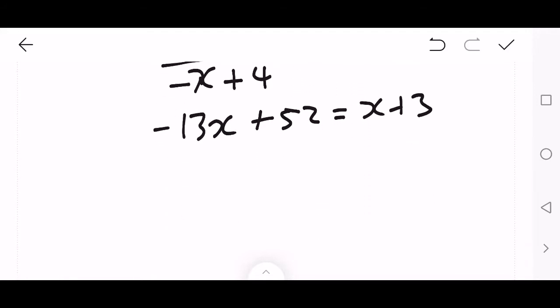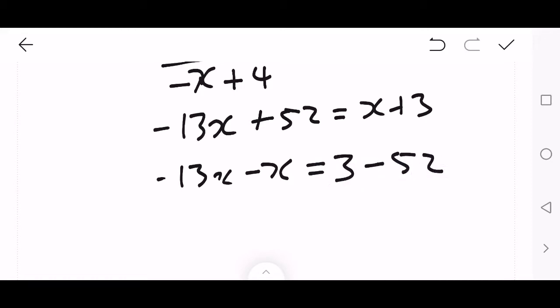So taking x to the left hand side and 52 to the right hand side, we're left with minus 13x minus x equals 3 minus 52. So that will be minus 14x equals 3 minus 52, that's going to be minus 49.